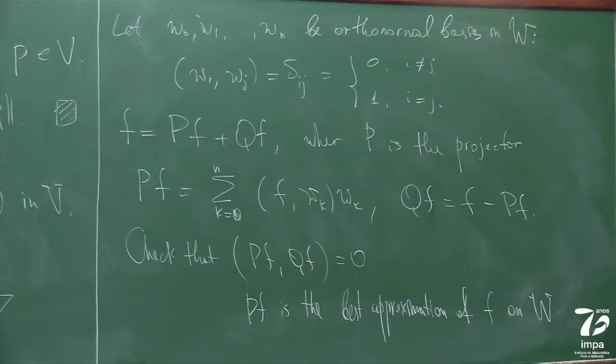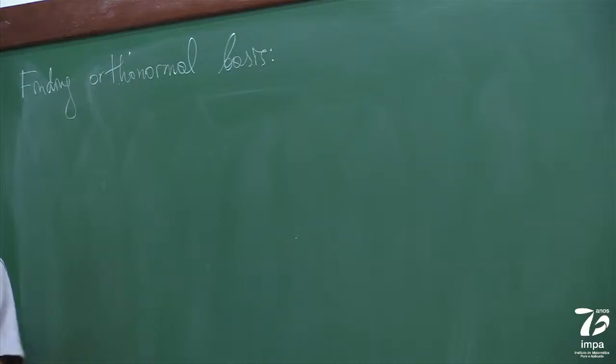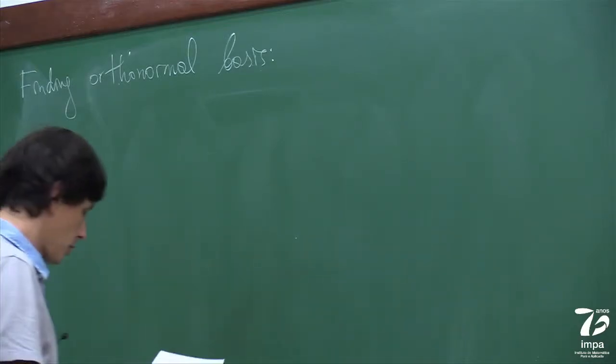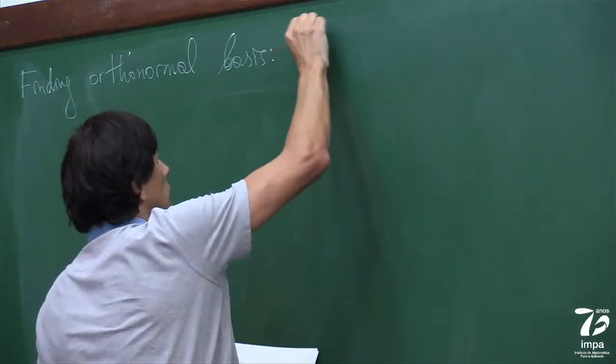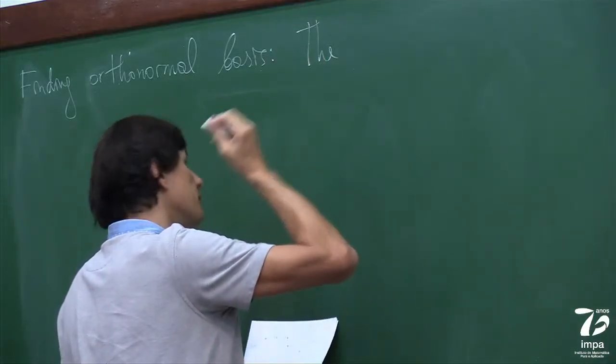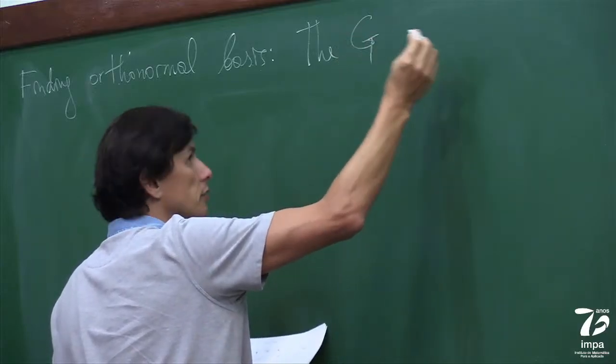So finding an orthonormal basis: for this there is the so-called Gram-Schmidt process. That's good for you to remember. It's very easy. We already considered it in some context.